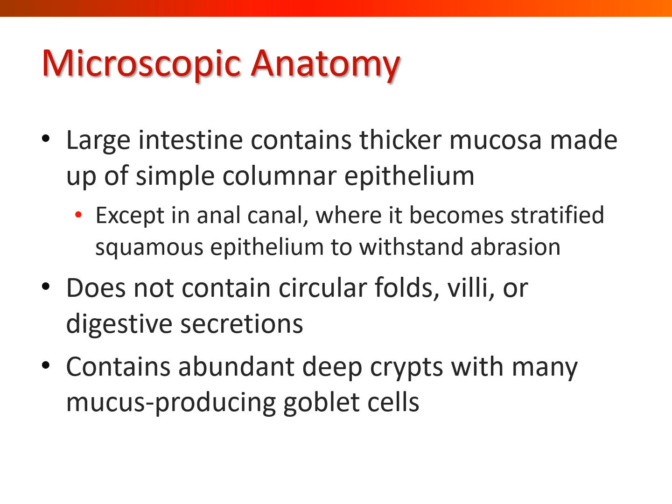The large intestine is not about doing any more digestion on the residue that's being dumped into it. But it does contain a bunch of deep crypts that have mucus-producing goblet cells. So we're still kind of looking at what's in there and making sure that it is fluid enough to make its way through.